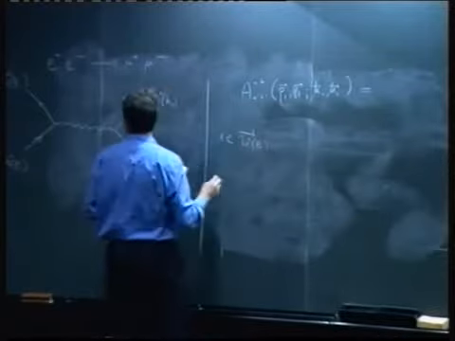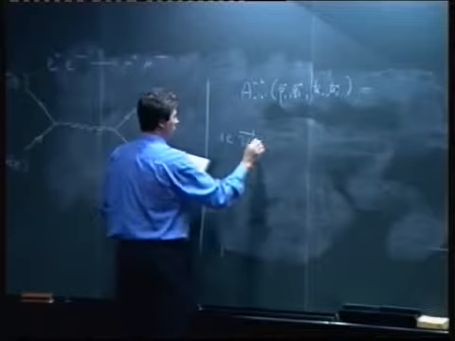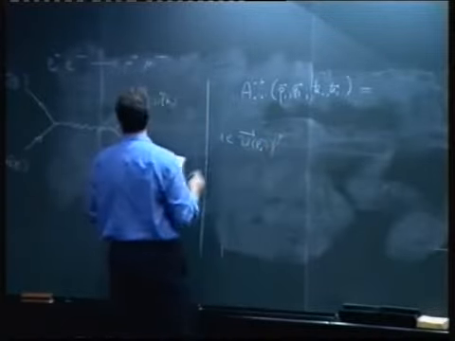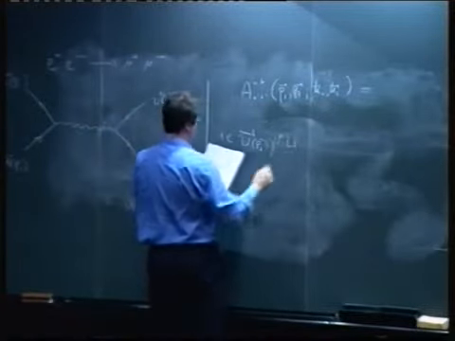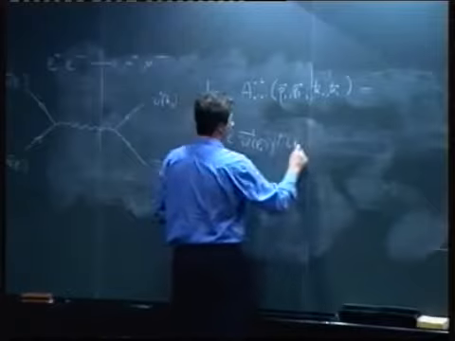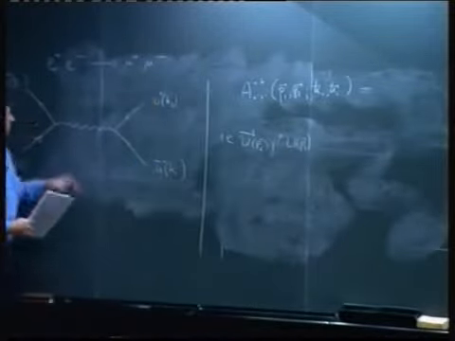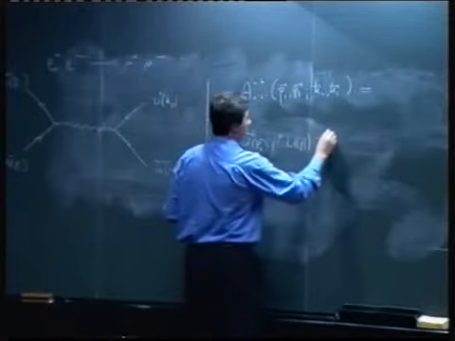Oh, sorry, it's P2. Then there's the gamma matrix, gamma mu, which is in between those two wave functions. So this is the first vertex. Then I write down the propagator.